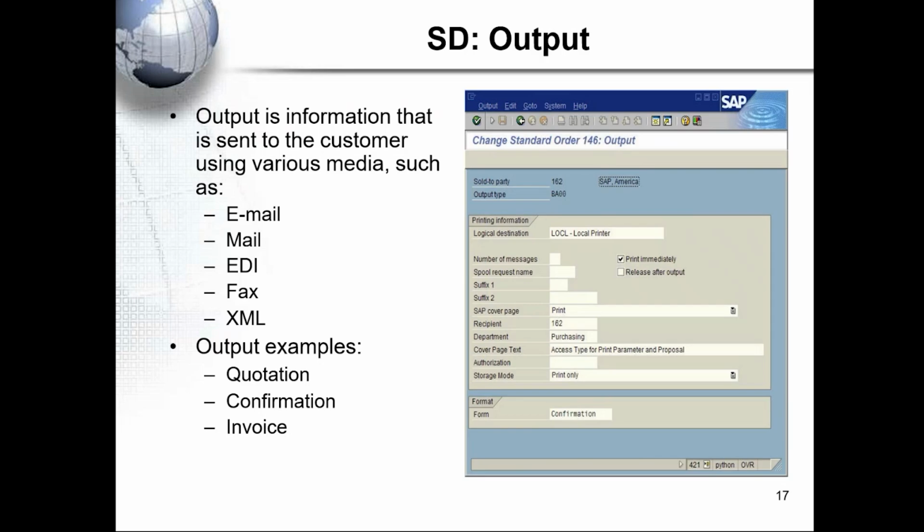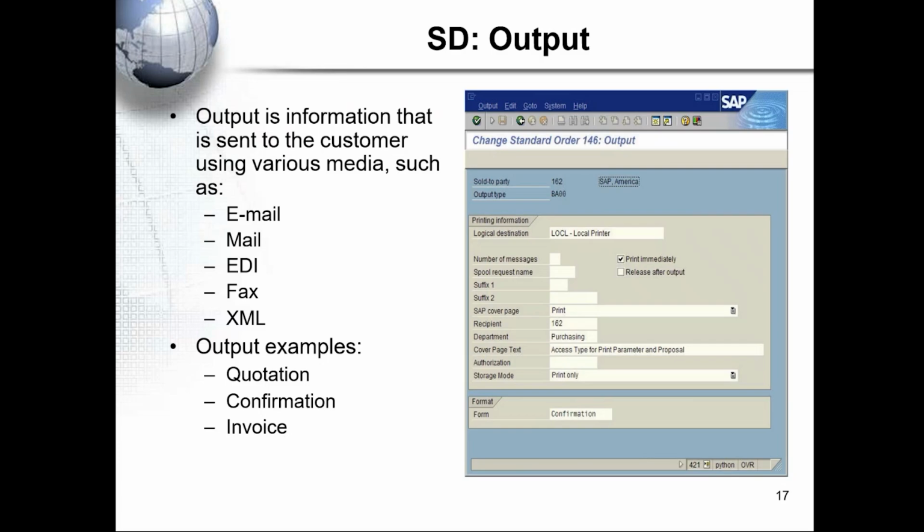Suppose the customer says, I want a hard copy, we send the printout. The customer says, I want the invoice sent to my mail, we use mail. Output master data is basically used for taking the output of the document and using various modes of communication. Simple.